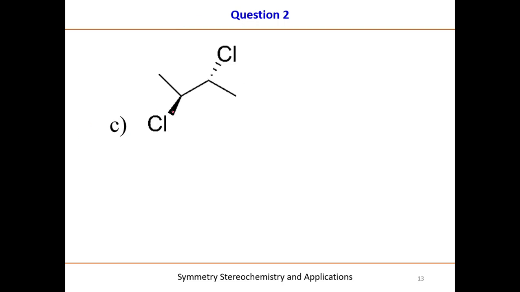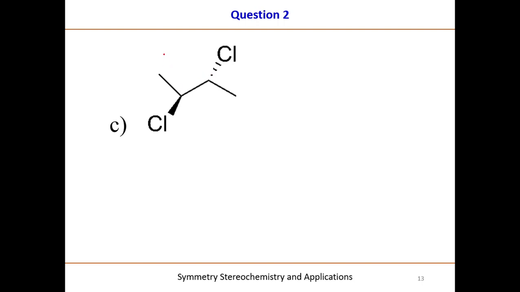Now let's talk about 2,3-dichlorobutane. So here you can see this chlorine is above the plane, and this is below the plane. We have to check the symmetry elements present here.